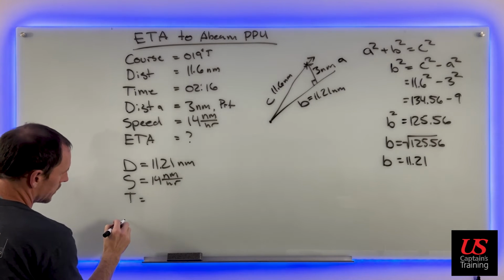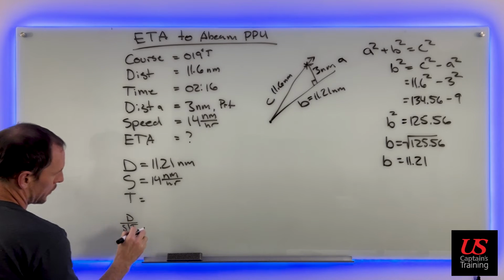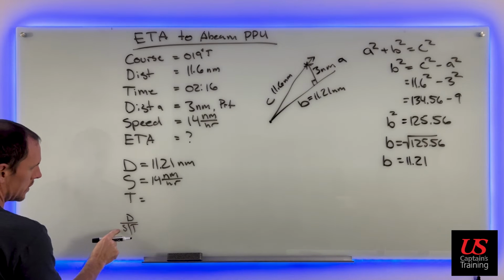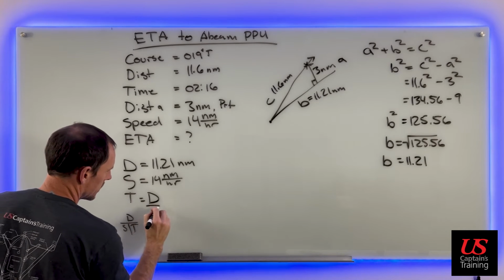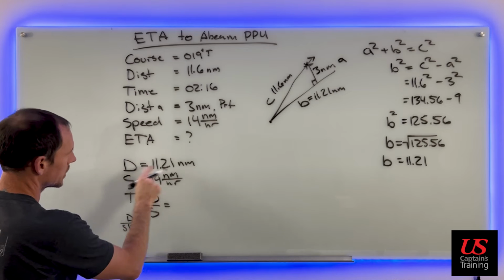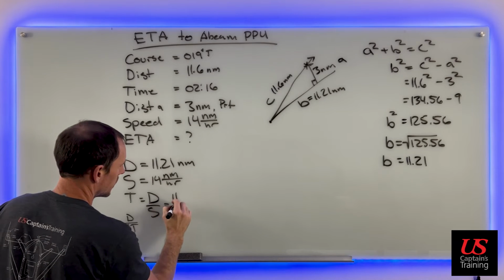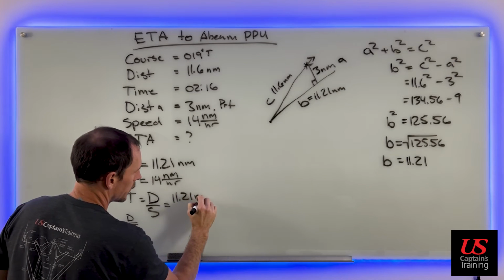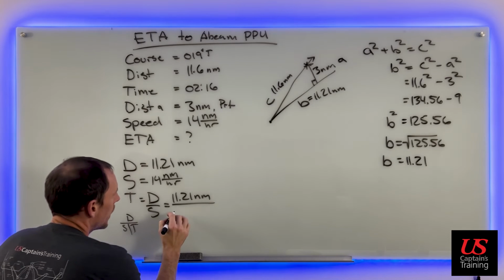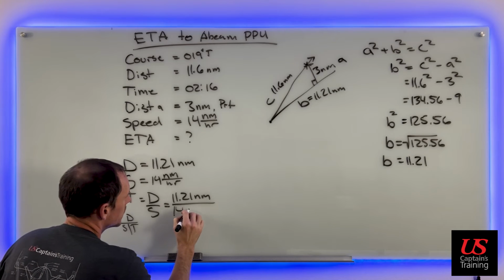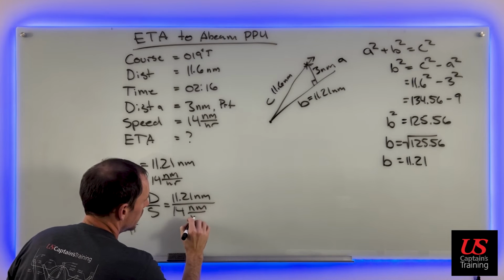If we do our little memory aid, D Street, time is distance over speed. Distance divided by speed. 11.21 nautical miles divided by 14 nautical miles per hour.